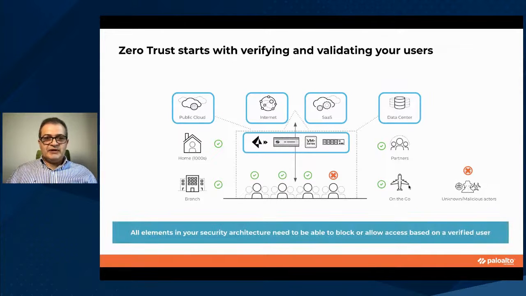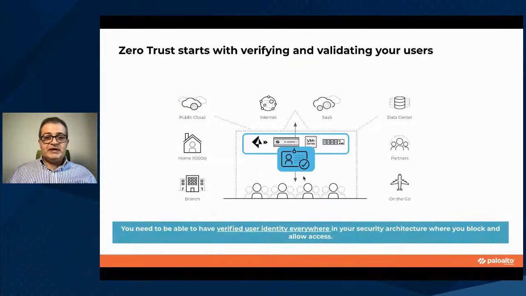In order to do that, we need to be able to allow or block access based on a verified user. And to do this, we need to be able to do it at every security element within the network. So distributing all of this user ID and identity throughout the network is very important.